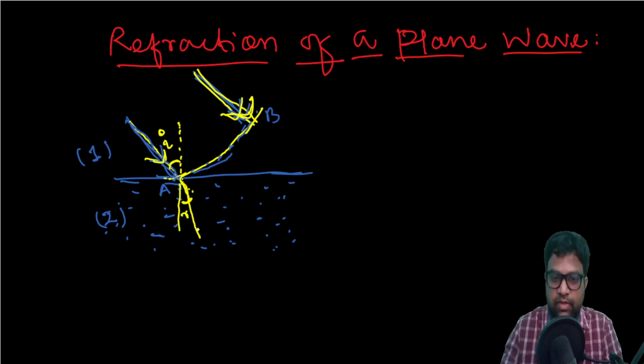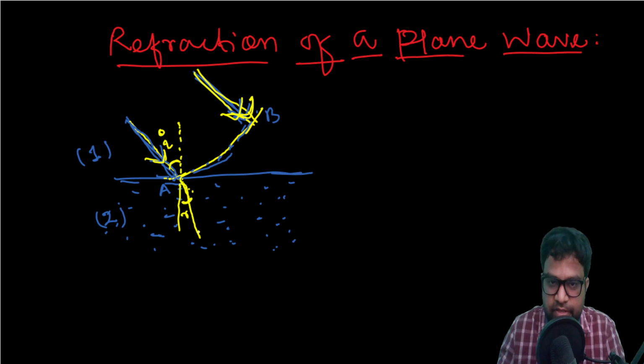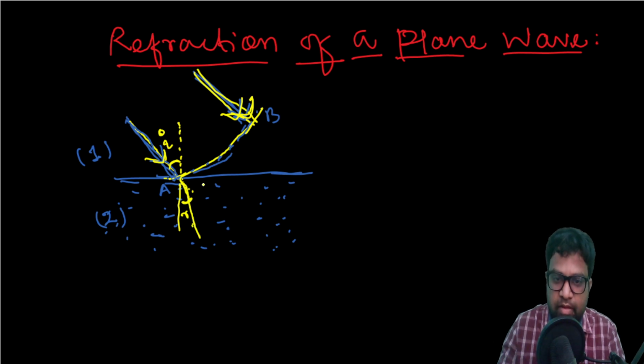Now the key point, just listen carefully. This is very key, very important in this derivation. The important point is that here the light is going inside this medium, and the other side of the wave front, at this B, will travel and reach here in the same time.